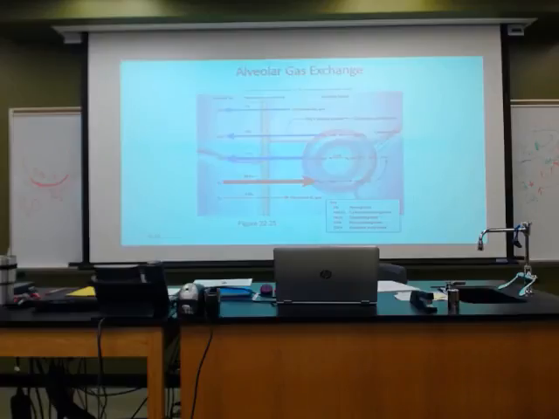What is the biggest demand of oxygen in your body? What organ? What system? Your brain. Your brain is the biggest demand for oxygen. That's why we have all of this control out here on the periphery. Because the majority of it, to the brain it goes.